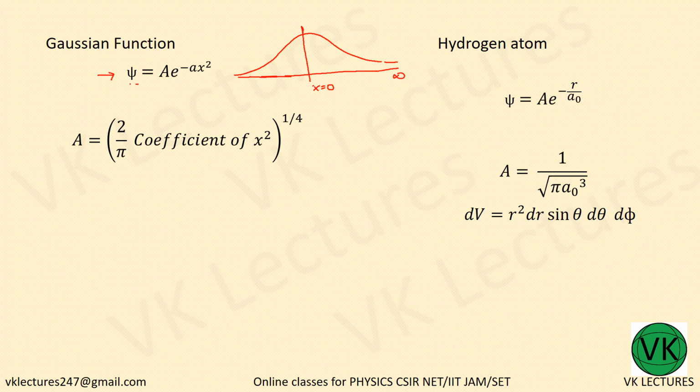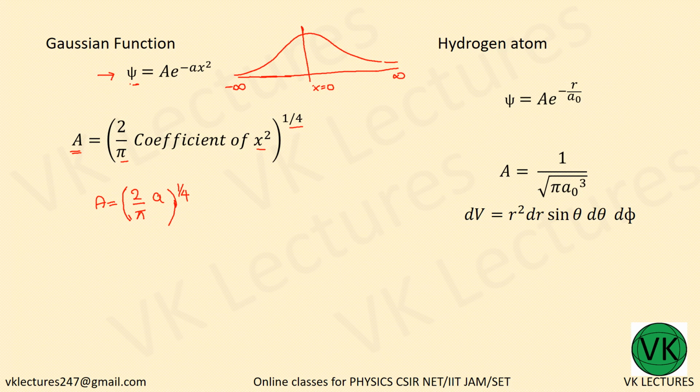This is plus infinity, and here you have minus infinity. The normalization constant A is given by 2 by pi into coefficient of x square, to the power 1 by 4. Now according to this wave function, we can write the normalization constant A equal to 2 by pi, times the coefficient of x square, which is nothing but a, to the power 1 by 4.